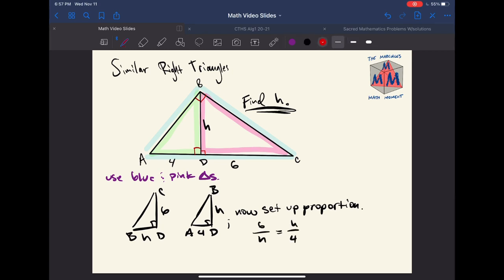That's how we use proportions to solve for missing sides in any similar triangle. So I cross multiply, gives me 24 equals H squared. That's a messed up 2, sorry about that. Take the square root of both sides to solve for H. And I get H equals the square root of 24, which is 2 times the square root of 6. Final answer. Simplify those radicals, people.